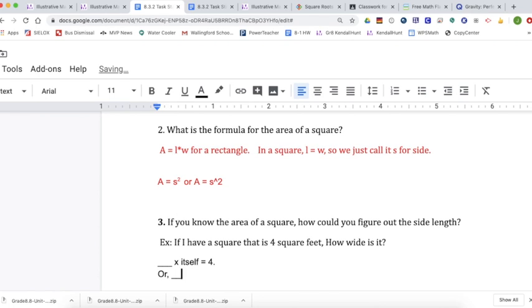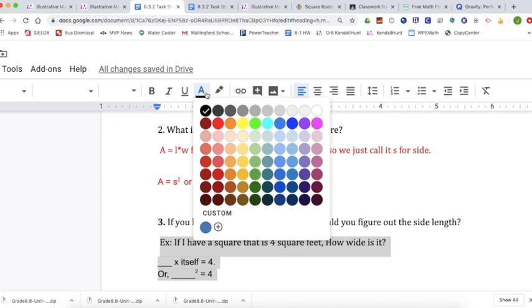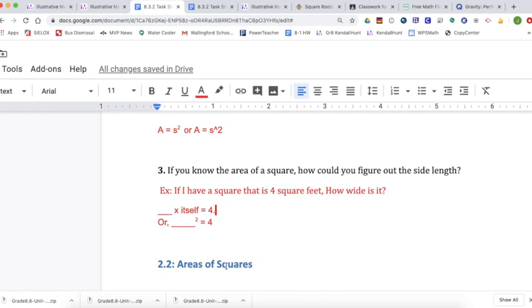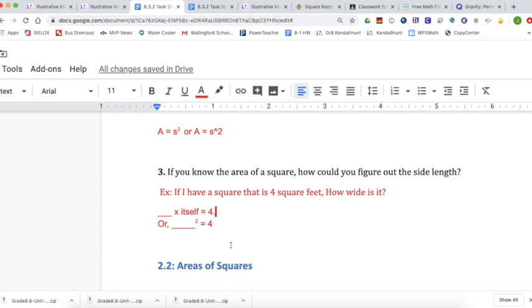Or what squared equals 4? So if you remember those perfect squares and perfect cubes we were doing before, that might be very beneficial to you, especially as the numbers get larger. Because we should be able to figure out that 2 times 2 is 4, or that 2 squared is 4. So we know that our side length is 2.